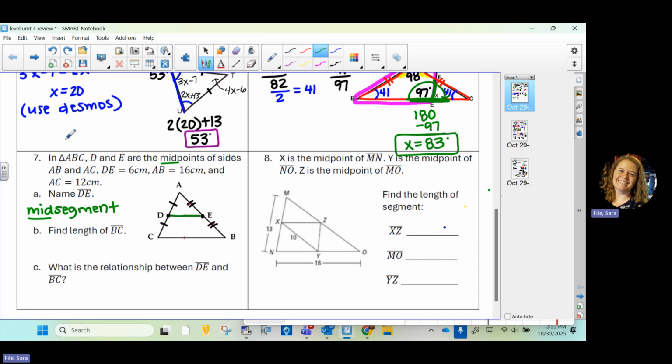Now, we need to remember what we learned, is that mid segments are parallel to the third side. The third side down here is CB. So CB is parallel to DE, meaning they run the same direction. They're never going to intersect, right? And the length of the mid segment is half the length of the segment that it's parallel to. So DE is going to be half of CB.